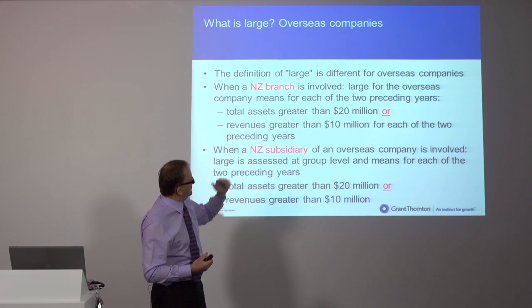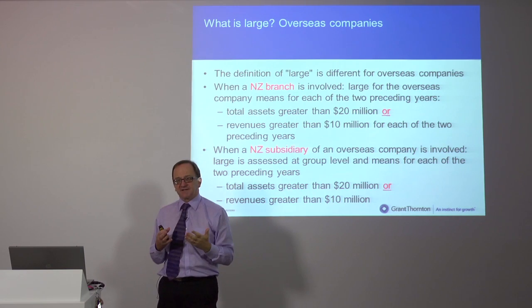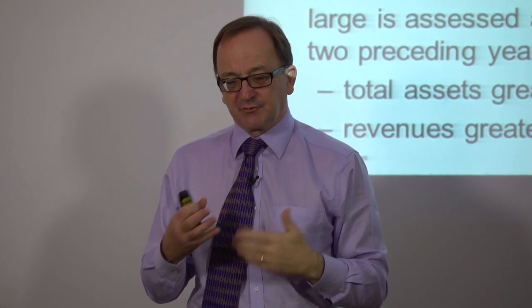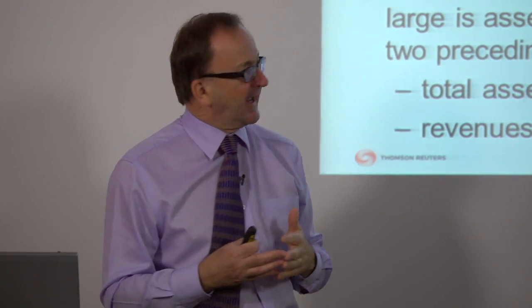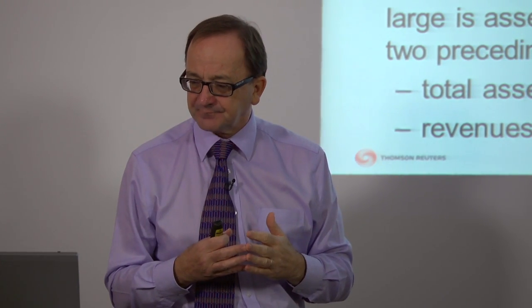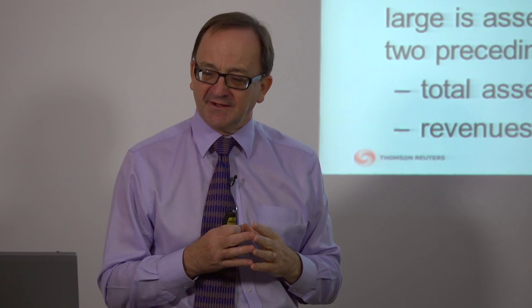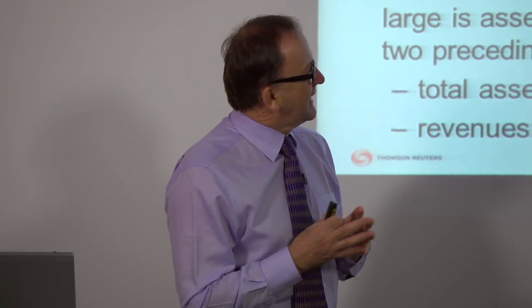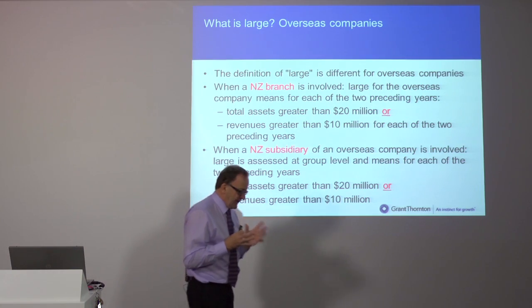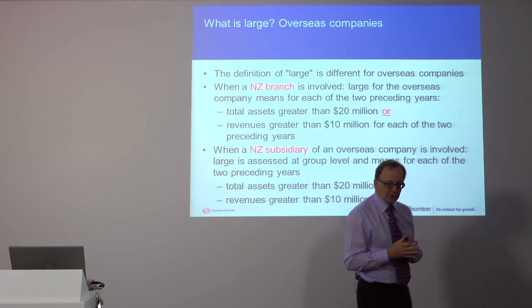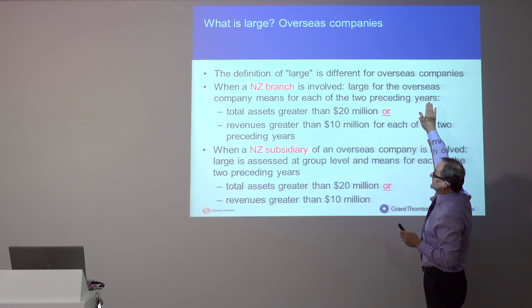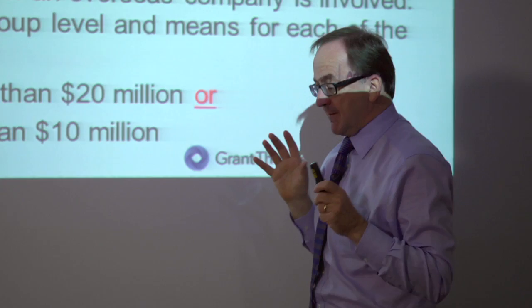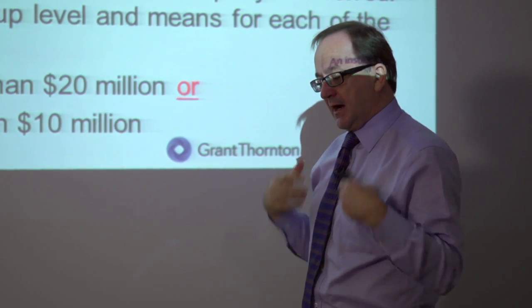And as you can see, what we're talking about is a total asset threshold of greater than 20 million for assets and revenue being 10 million. Again, we've got the OR test kicking in here. Now, a key point here is that when we're talking about the branch, we're talking about the overseas company.